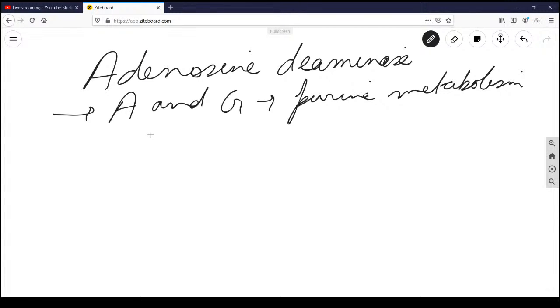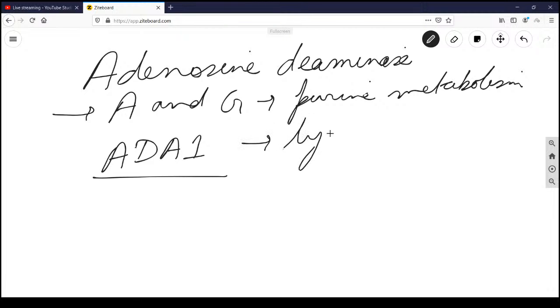So we cannot suppress the adenine, or the adenosine which is present in the DNA, whatever things we eat. So ADA, specifically the enzyme ADA1, is found in lymphocytes and macrophages, means B and T cells.